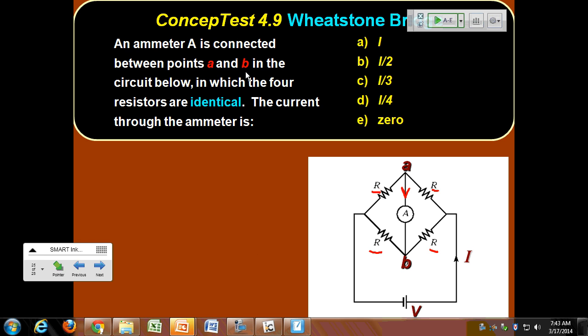So I have a certain current coming up here. It comes here and that current splits. It splits evenly, right? Because all 4 of these resistors are identical. And by the way, if you're confused by the way this is written, this is the same circuit as what I have here.